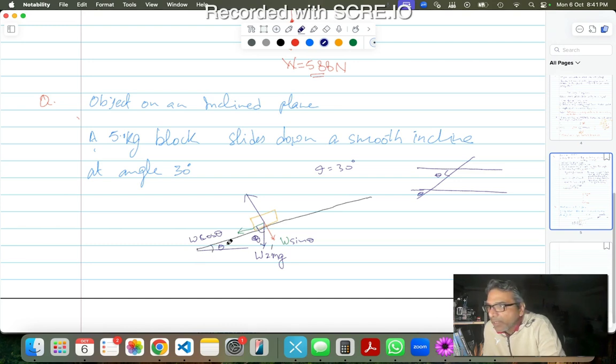If they have drawn it, then it will be okay. Otherwise, sometimes this other angle is given. If this is given, then we need to calculate this angle first. That will be 90 minus this angle, and then the slope will be always cos theta, and the perpendicular will be the sine theta.